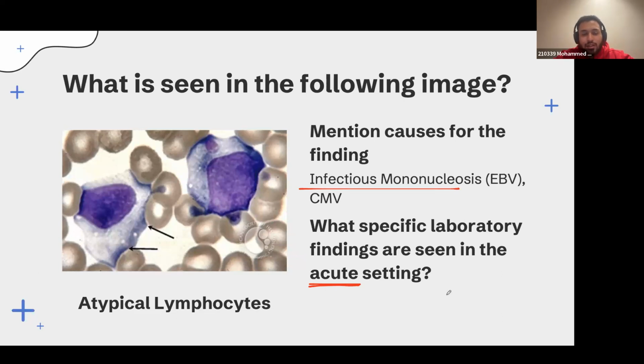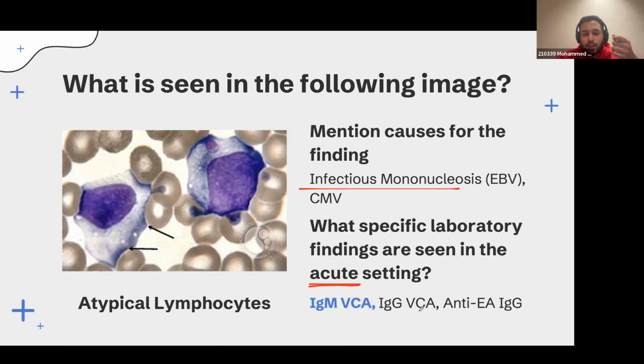Viral capsid antigen IgM. Good. That's number 1. IgG. Good. One more. Excellent. It's everything except the EBNA, the Epstein-Barr virus nuclear antigen. Good. It's everything except that.